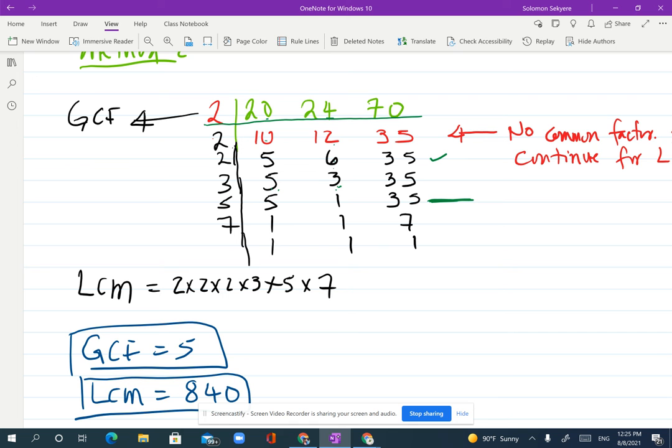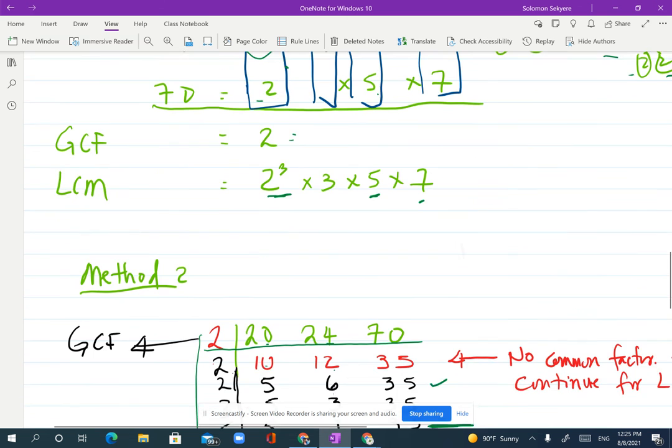And then this line here, I can divide by 7 again. So this is 1, 1, 1. So with this method, I keep on going until I get all ones. And my LCM now is the multiplication of all these numbers here. That's my LCM. So GCF, I stop. LCM, I keep going on.